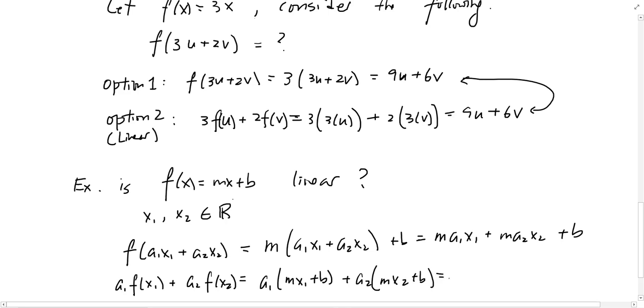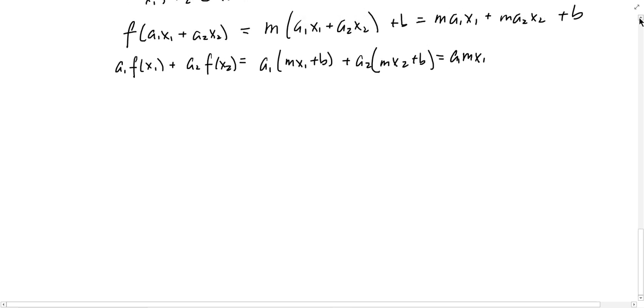If I multiply this out, that comes out to be a1 m x1 plus a1 b plus a2 m x2 plus a2 b. (The m doesn't have a subscript.)